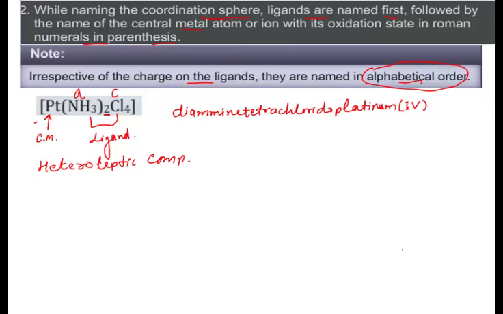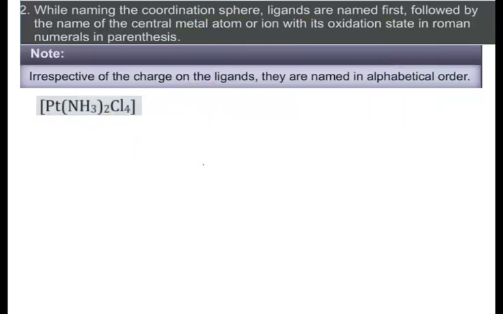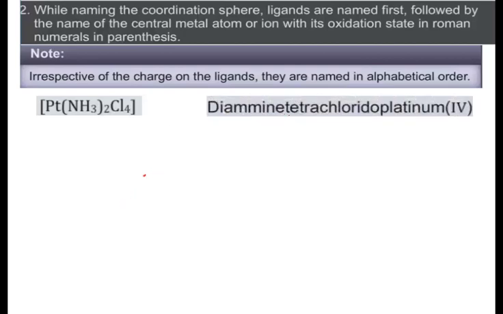Okay, so this will be the name of the species. Now the name will be diamine tetrachlorido platinum 4. In this case, again you have to remember that there is no counter ion. It's a neutral complex. So there is no need to leave a space for a counter ion.